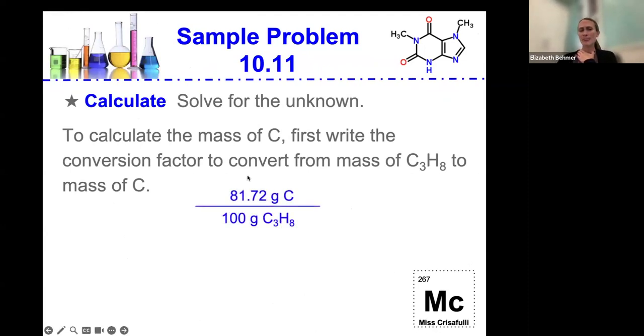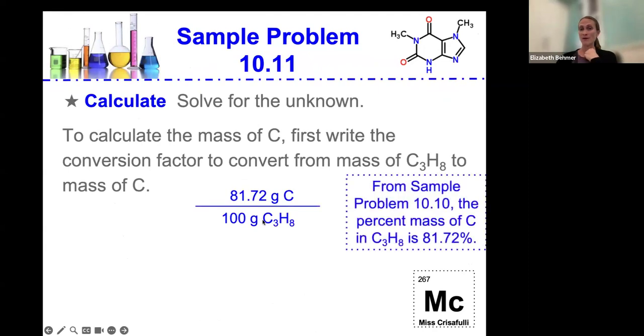So we know because in 1 mole of propane, we had 81% carbon, we can then make a conversion factor where there will be 81.72 grams of carbon for 100 grams of propane. That's from our previous sample problem.